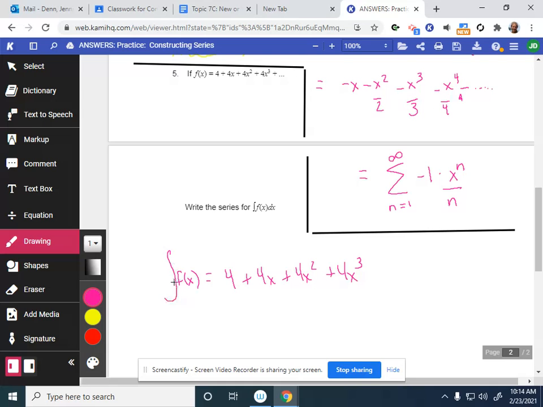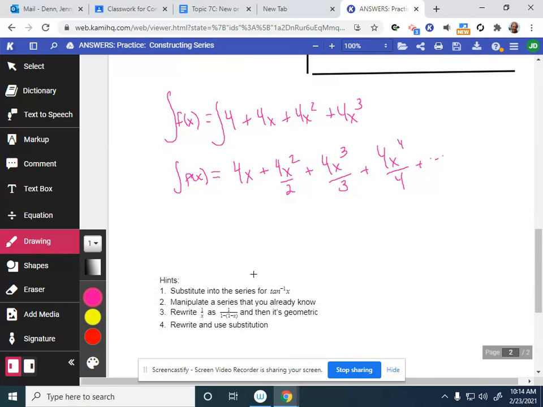So I'm going to integrate both sides, so that the integral of f of x is going to equal 4x plus 4x squared over 2 plus 4x to the third over 3 plus 4x to the fourth over 4, and so on. So let me reduce this. This series is going to be 4x plus 2x squared plus 4/3 x to the third plus 1x to the fourth.